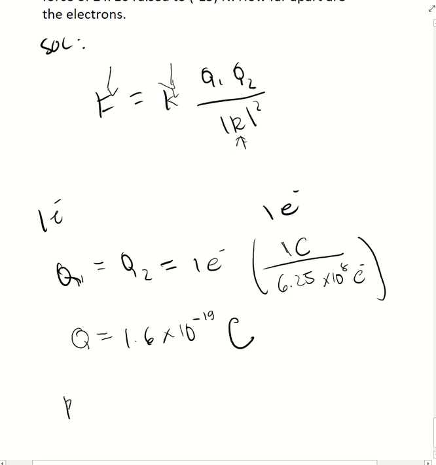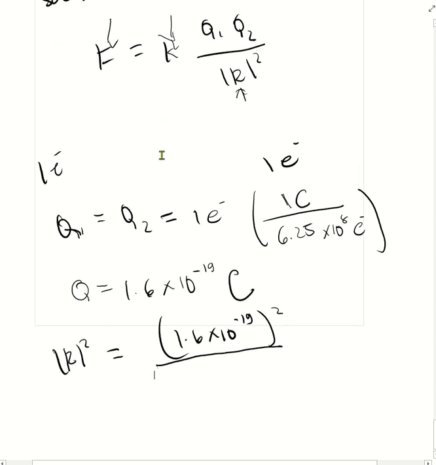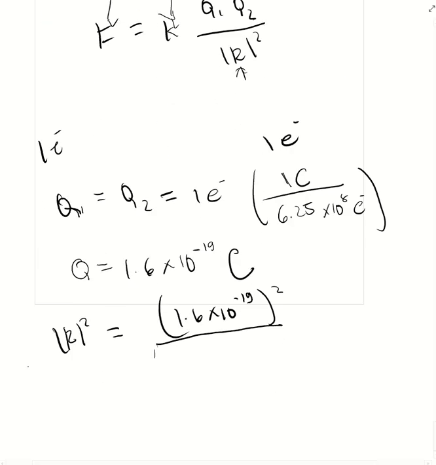So R squared, the distance, is equal to Q1 times Q2, or simply 1.6 times 10 to the negative 19 squared, then we divide it with the force, cross multiply. The force is 2 times 10 to the negative 15.